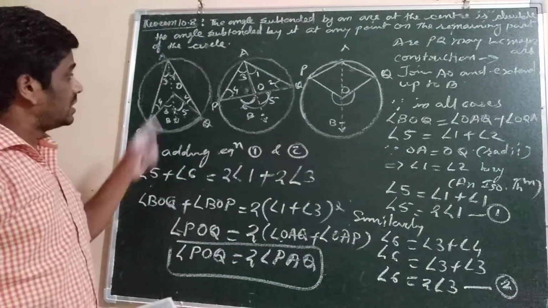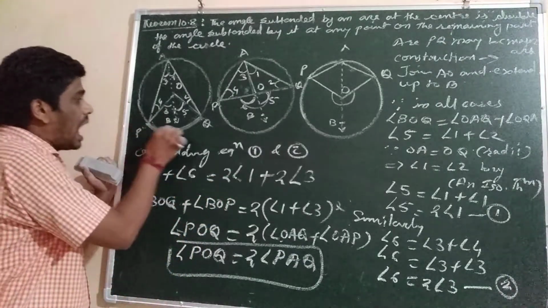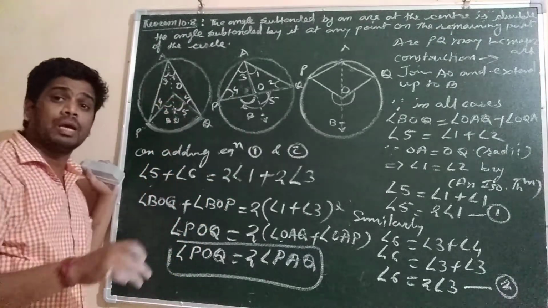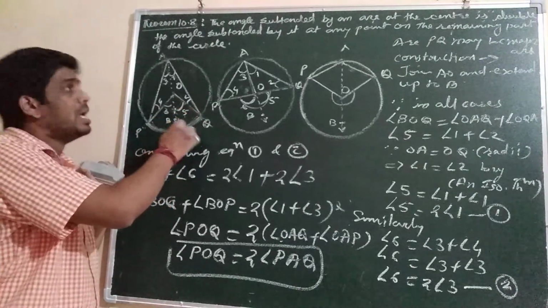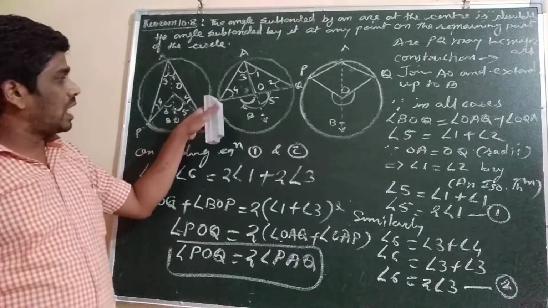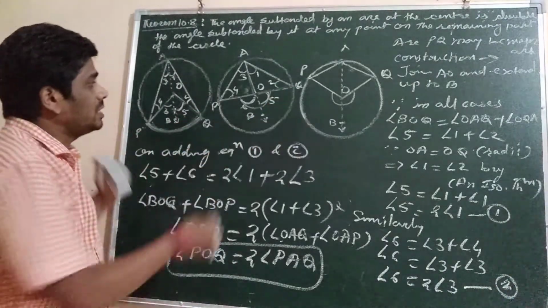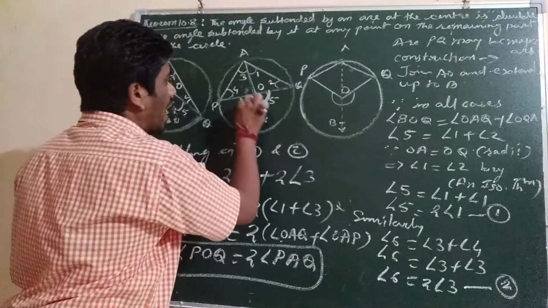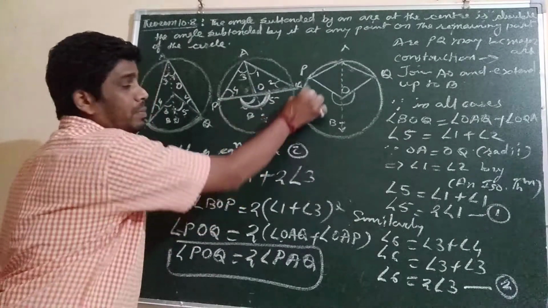So, the angle subtended by any arc at the center will be double the angle subtended by the same arc at a point remaining on the circle. So if this arc is a semicircle, then this value will always be 180, because it will be a diameter, then only it will be a semicircle.